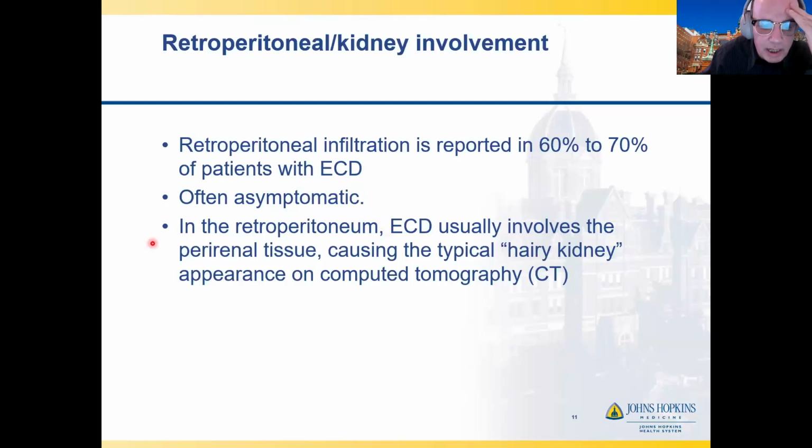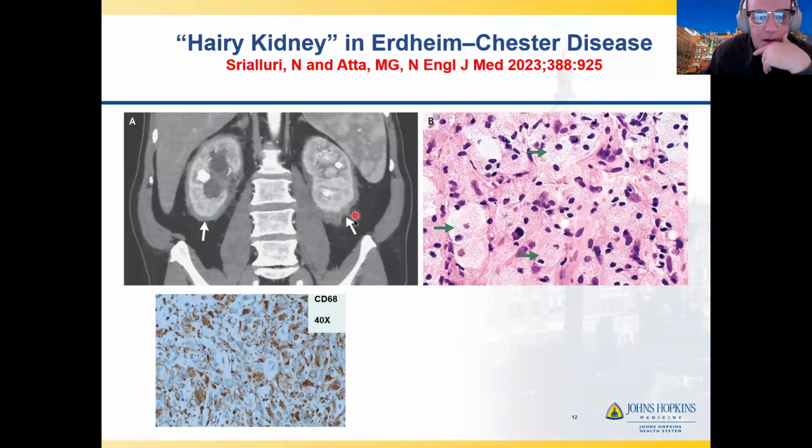And it's usually perirenal, meaning that the kidney is engulfed with these infiltrative histiocytes that make it hairy, and it has this characteristic feature on the CT that I actually published on one of my patients.